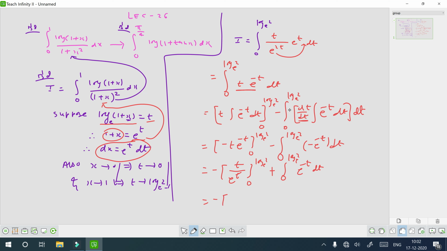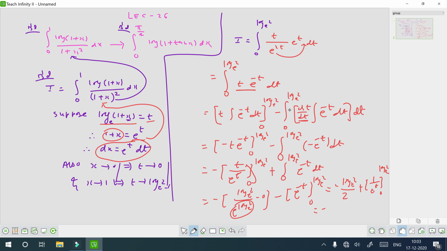Put upper limit: log 2 base e over e raised to log 2 base e, minus 0, because if you put 0 here then it is 0. What is the integral? Once again e raised to minus t. So minus log 2 base e over 2, since e raised to log 2 base e comes out 2. Minus minus plus 1 upon e raised to t, 0 to log 2 base e.